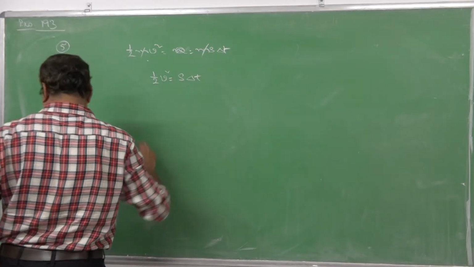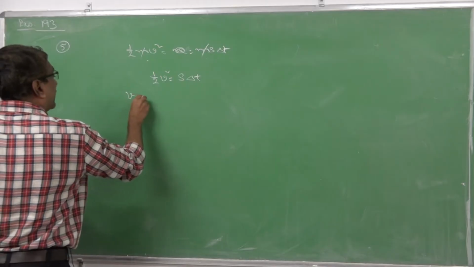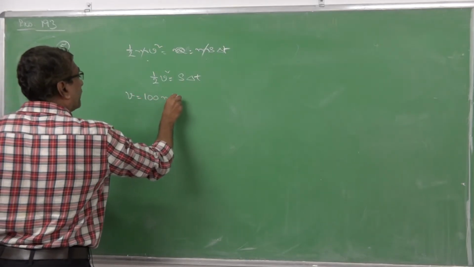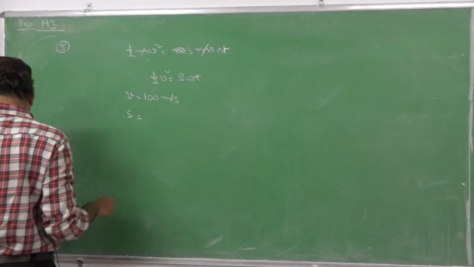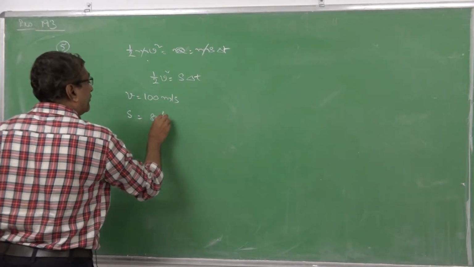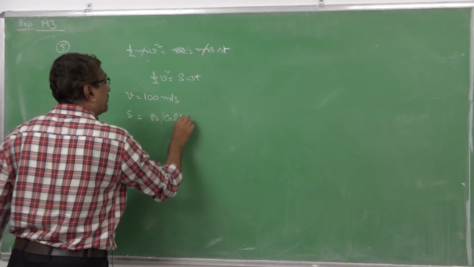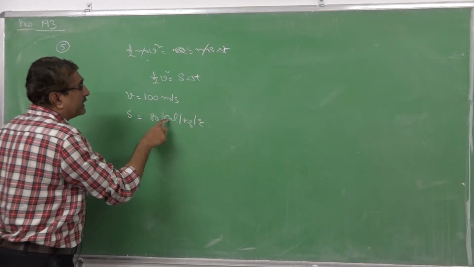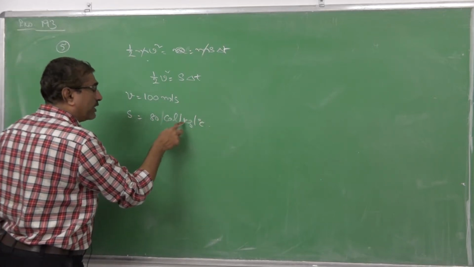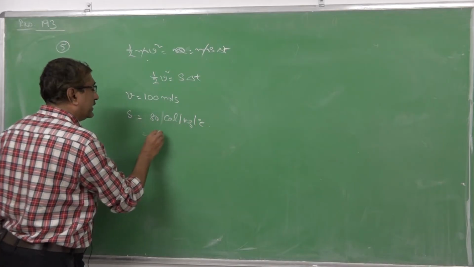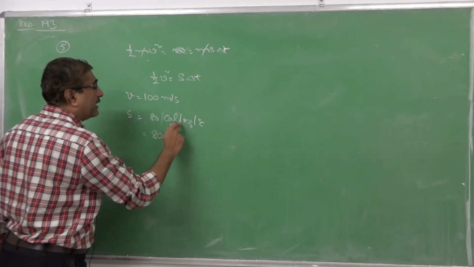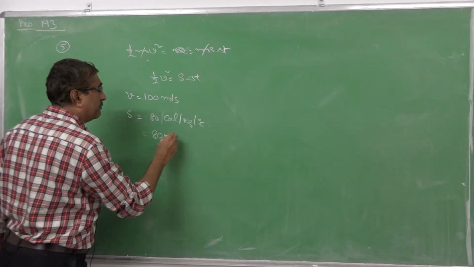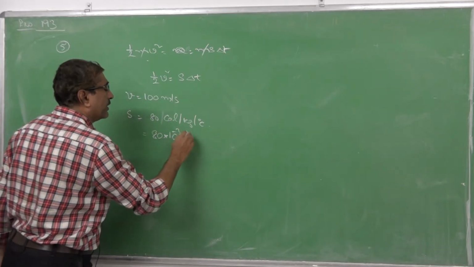So in this problem, given v as 100 meter per second and s as 80 calorie per kg per degree centigrade. Actually in CGS units it is calorie per gram, so we have to convert first into CGS units, that is 80 into calorie by 10 to the power 3 grams, so 10 to the power minus 3 calorie per gram.